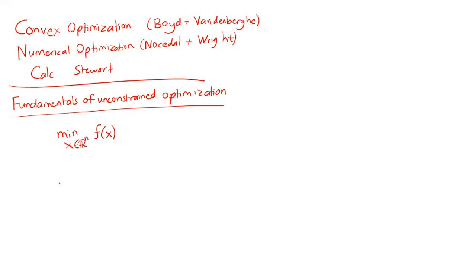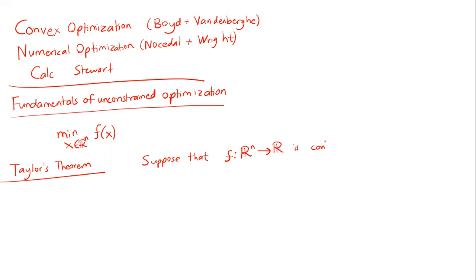And so where we had left off in class was that we had written out Taylor's theorem. So I'm going to write what Taylor's theorem is from the numerical optimization book. I'm just going to copy what it says. So suppose that your objective function f maps from Rn to R, is continuously differentiable, and p is in Rn.